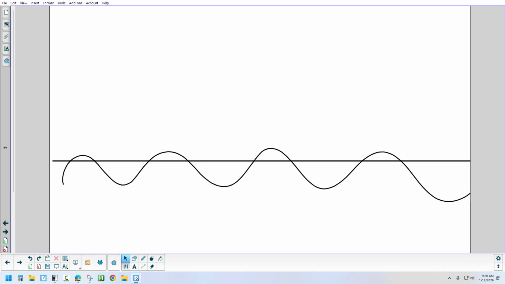Okay. In fact, this particular one is crossing twice per cycle. This is exactly the same as that. The difference is this one is one cycle later. This and that are the same answer.